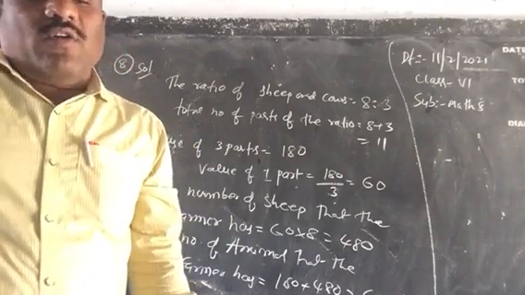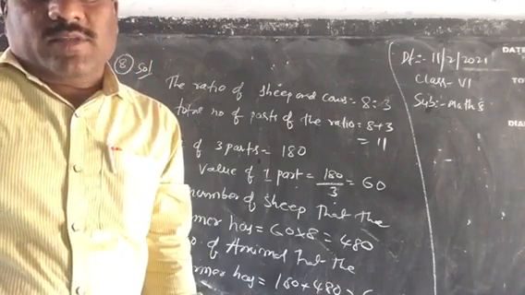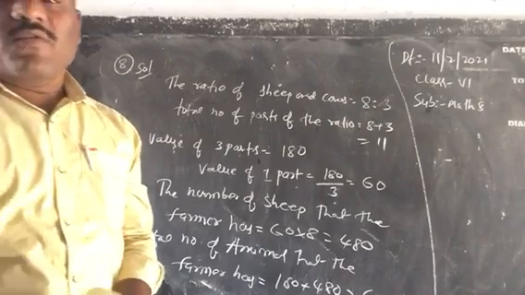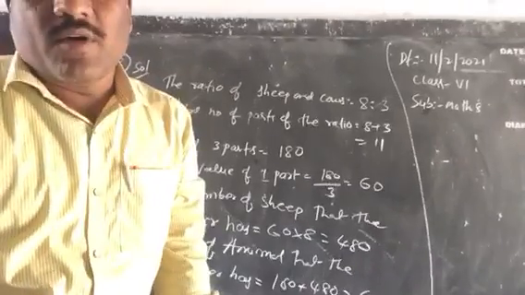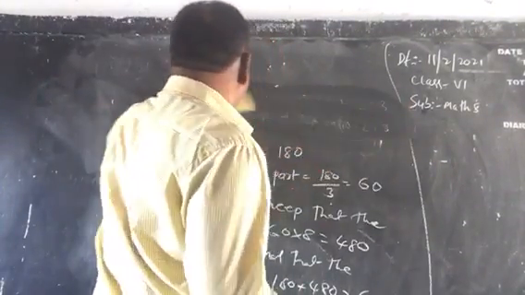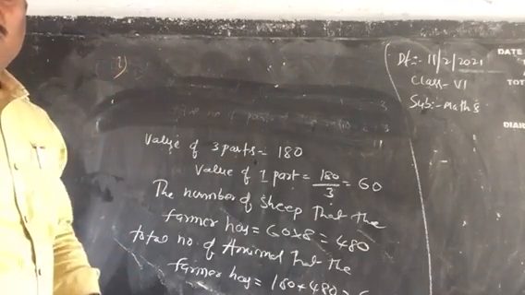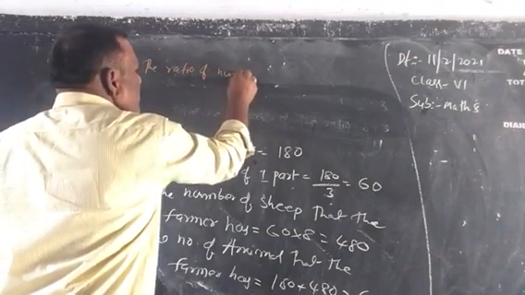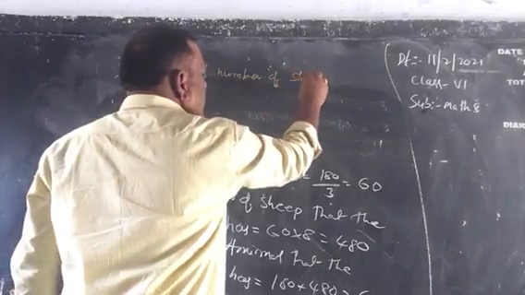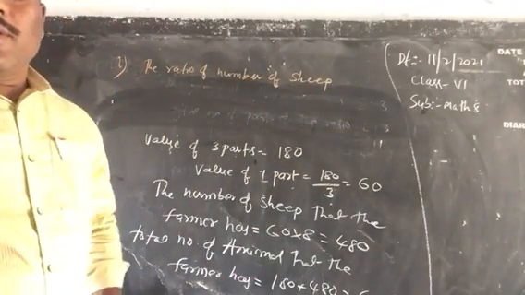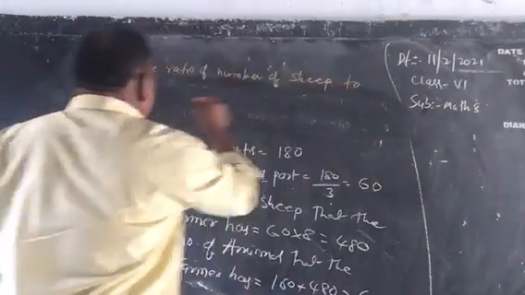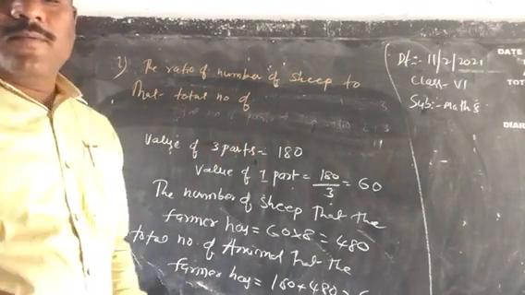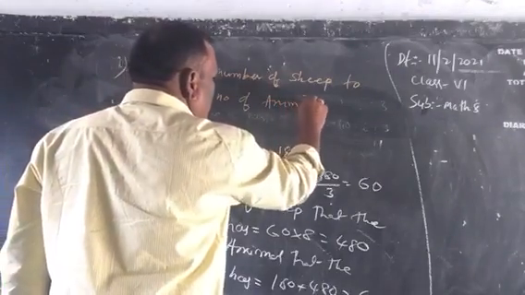Now what is the first one, children? The ratio of the number of sheep to that of the total number of animals equal to how much, children?